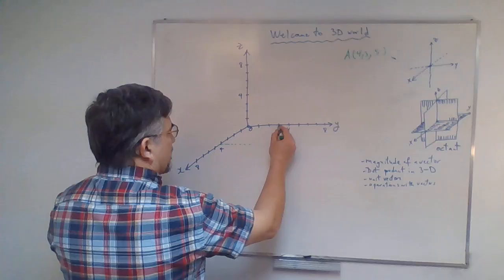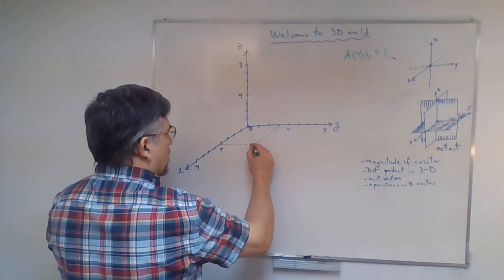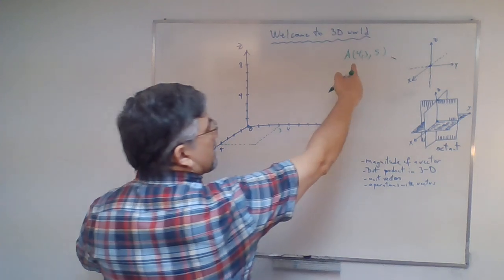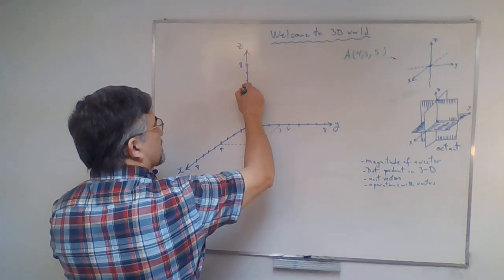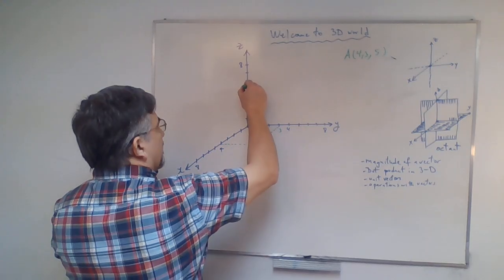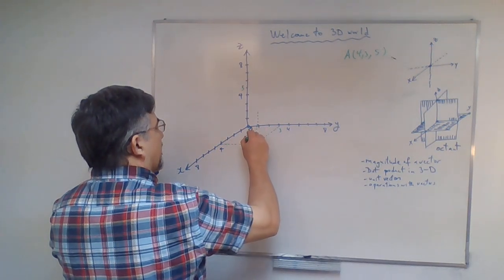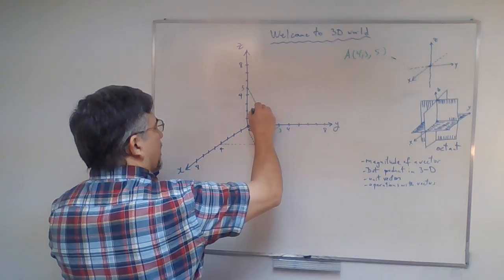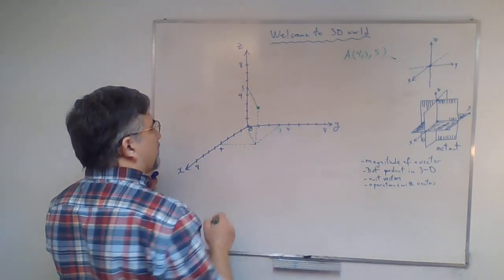So that's 3 there, and that's 4 here. And the z coordinate is 5. If I go up like this, that's 5. I can draw a line parallel, and there you go. That would be the point.